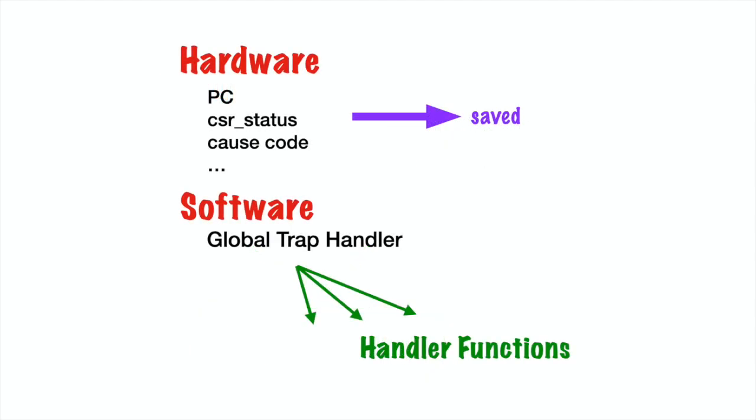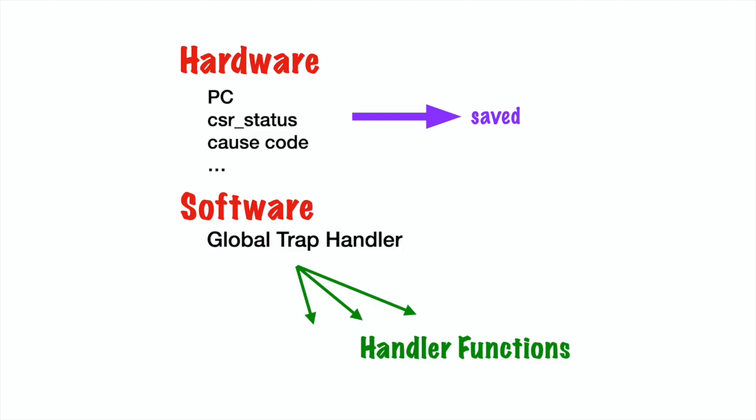At the time of an interrupt or exception, the program counter, the current status word, and some information about the nature of the problem are saved into several control and status registers, which are there just for this purpose. In particular, a numerical code indicating the type of the interrupt or exception is saved in one of the control and status registers.